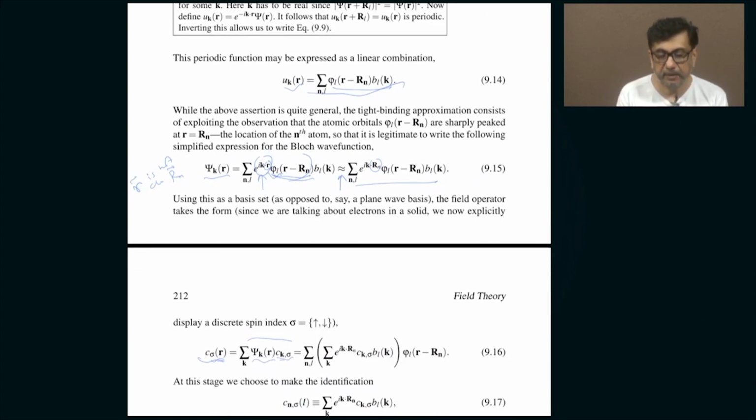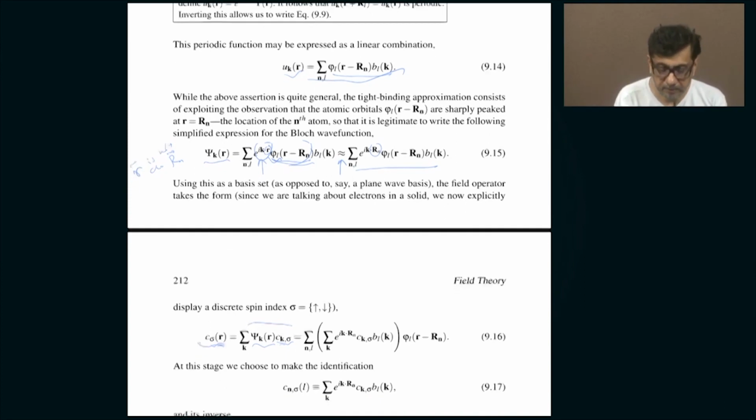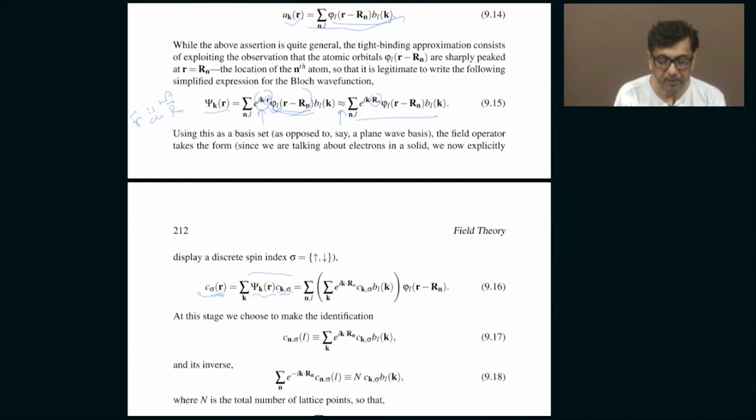And these Bloch states, because the tight binding method assumes that the wave functions of an electron for a particular atom are strongly localized near that atom. That is what tight binding means. Tight binding means the electron is typically tightly bound to a given atom. Then there is a small probability that it can occasionally hop to the neighboring one. That is the mental picture that we have.